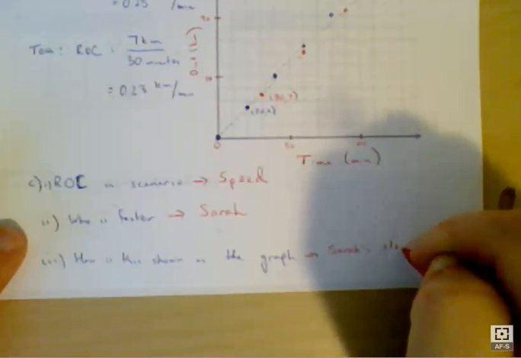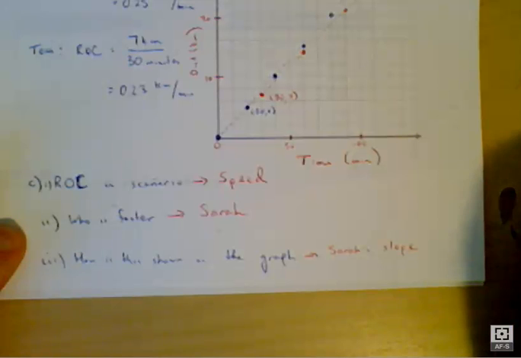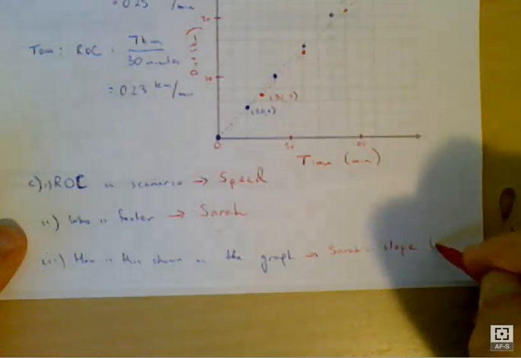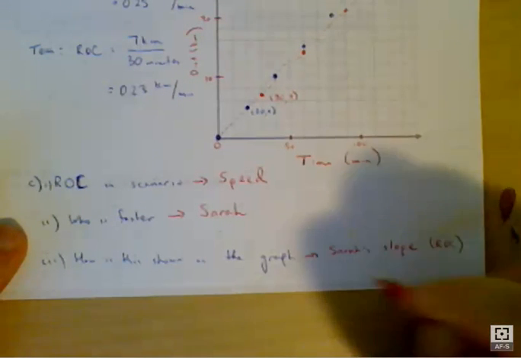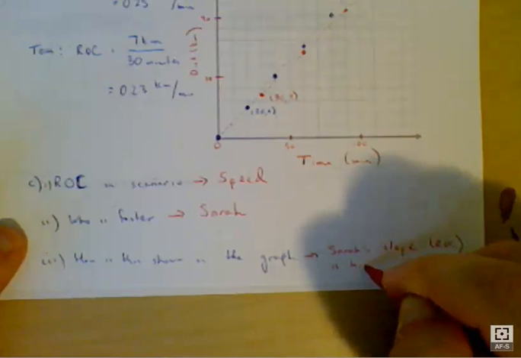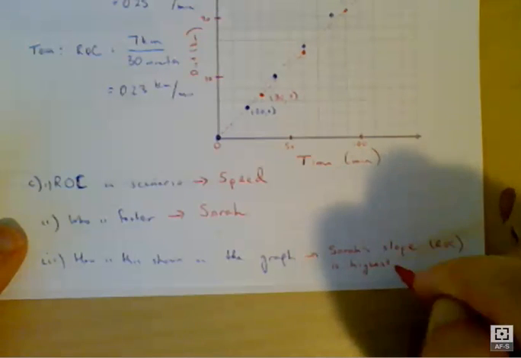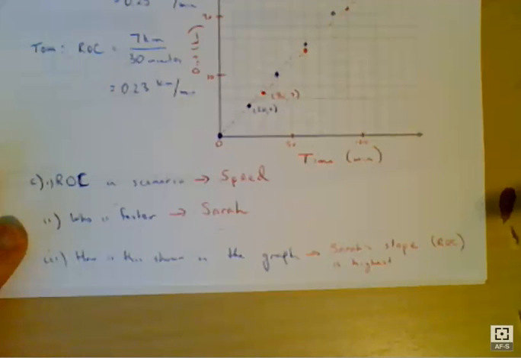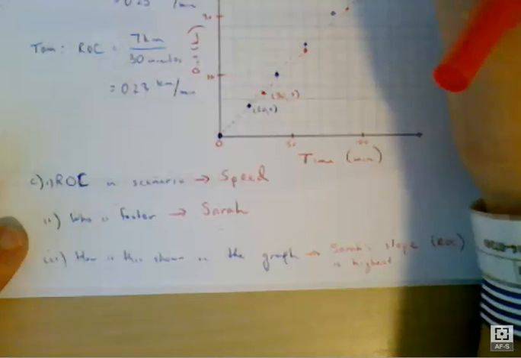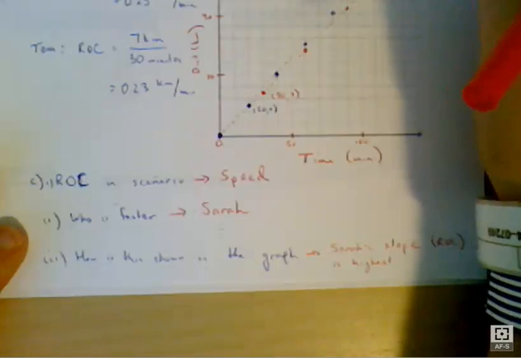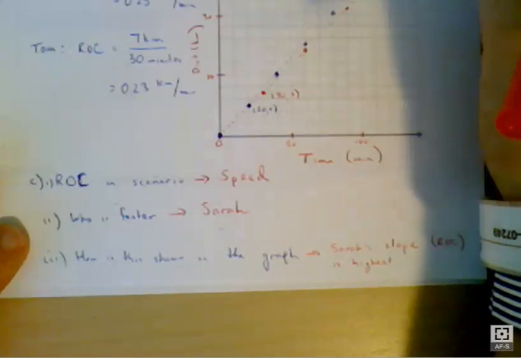The slope of Sarah's line, i.e. her rate of change, is highest. The steeper the line, the faster the rate of change. And in this case, because rate of change is measuring speed, the steeper the line, the higher the speed. So if you need to pause and get something down or clarify something with your covering teacher, then do that.